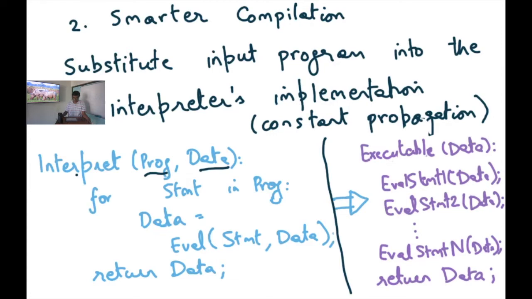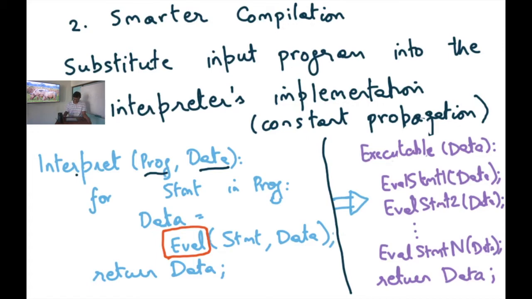And when the statement says finish, the interpreter will come out of the loop and then it will return the final value of data. Notice that this function called eval is something that the interpreter implements internally, and this eval function is what understands the high level instructions and kind of simulates them on the actual machine.